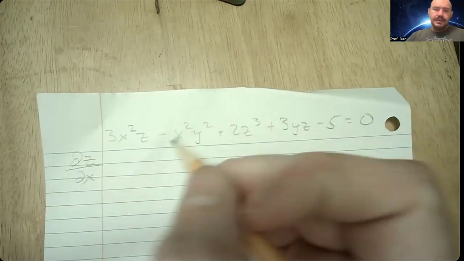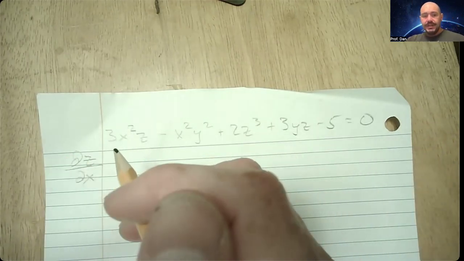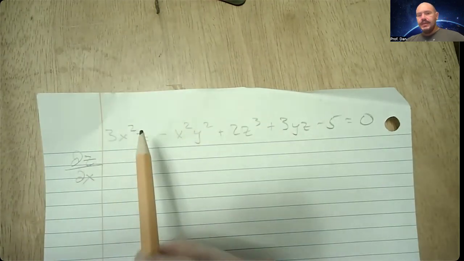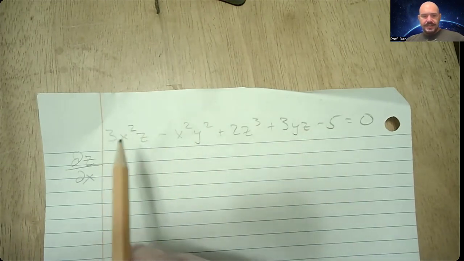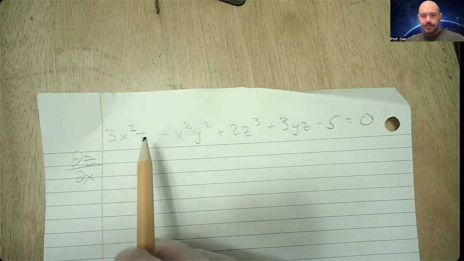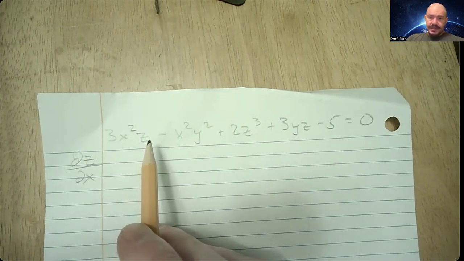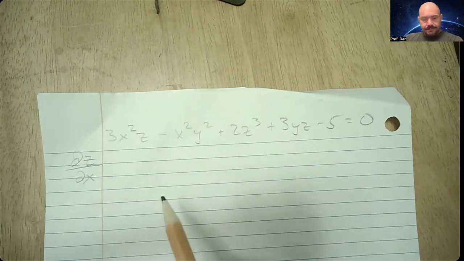Right. And I could do that pretty much in the same way that we've done implicit differentiation, right? So I would take the derivative of every term. If I see an x, I take its derivative like normal. If I see a z, I remember that that is a function of x. In this case, if I see y, the one that's left out, I treat it like a constant.